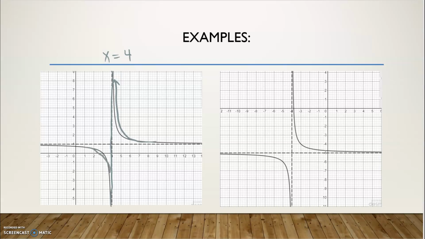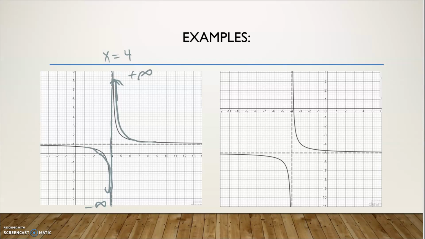The graph over here is getting closer and closer to x equals 4. Whereas the y values, as they're going up, they're going to positive infinity. As they're going down here, they're going to negative infinity. So the x values are getting closer and closer to this 4. The y values are going to positive and negative infinity for this case.